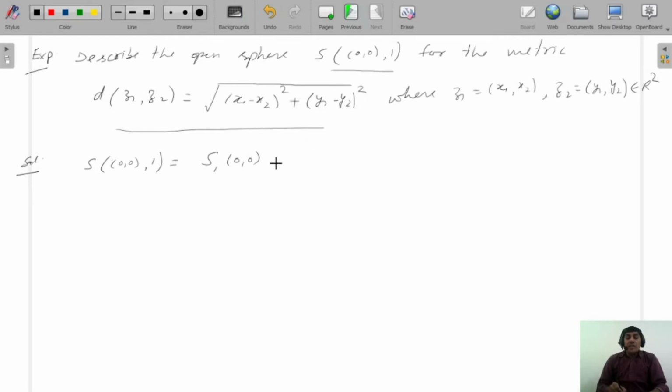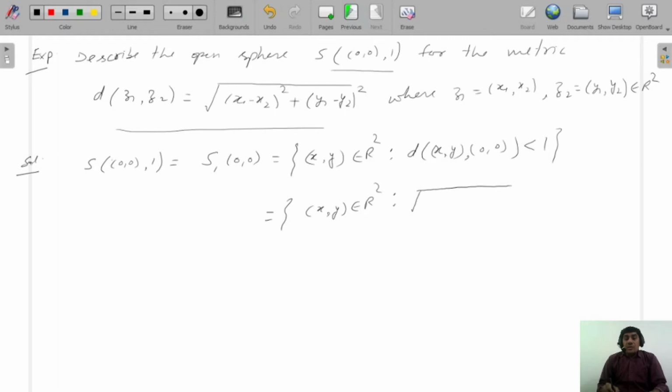Sphere centered at (0, 0) with radius 1 is equal to the set of (x, y) belonging to R square such that the distance between (x, y) and (0, 0) is less than 1, which is equal to the set of (x, y) belonging to R square such that the square root of (x minus 0) squared plus (y minus 0) squared is less than 1, which is equal to the set of (x, y) belonging to R square such that x square plus y square is less than 1.